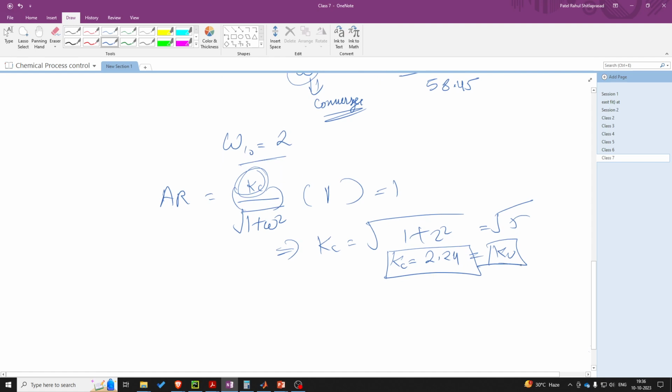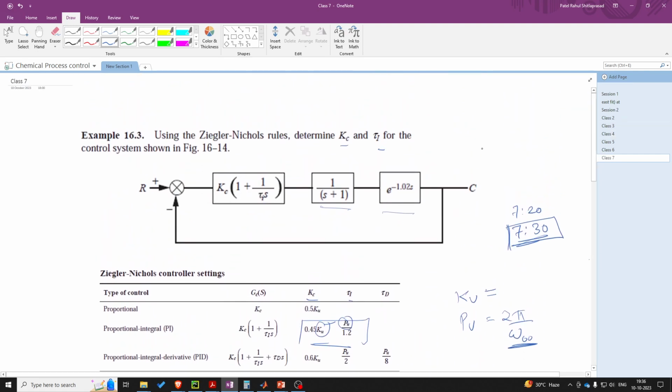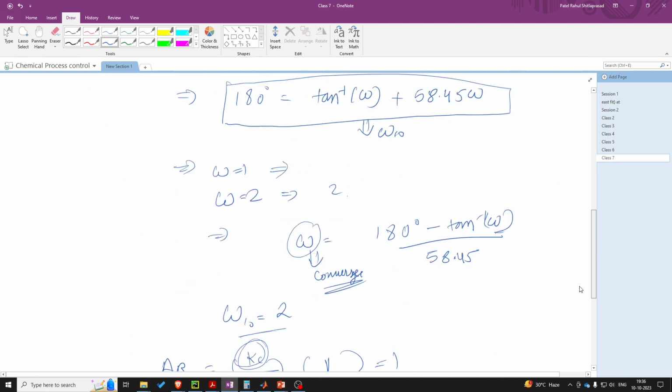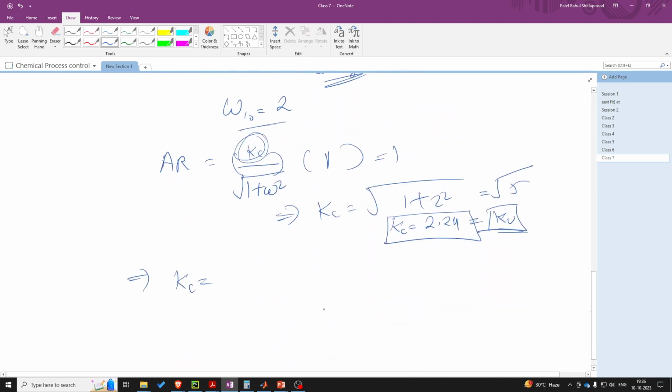So once we have this Ku, you can just use the ZN table, that is the proportional controller gain, or the Kc will become 0.45 times of Ku, and tau I is Pu upon 1.2. So this will become 0.45 into 2.24.